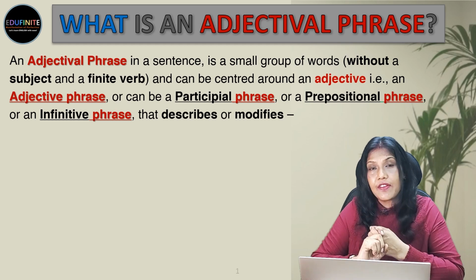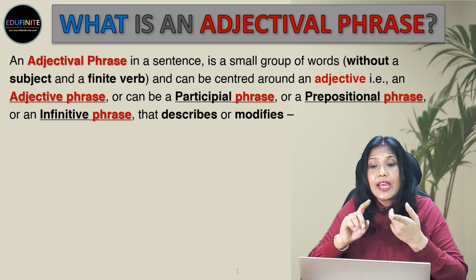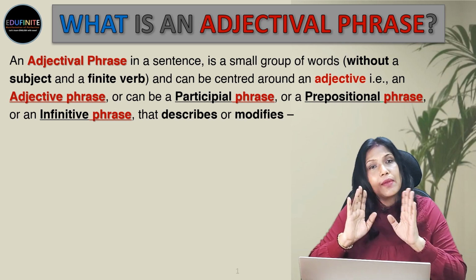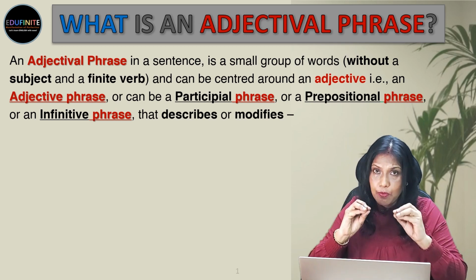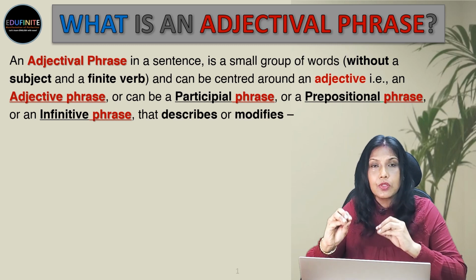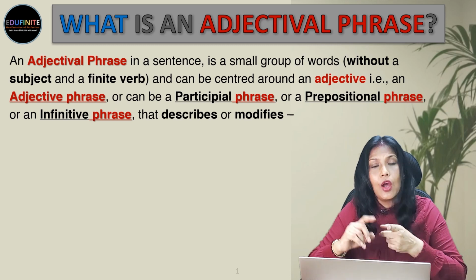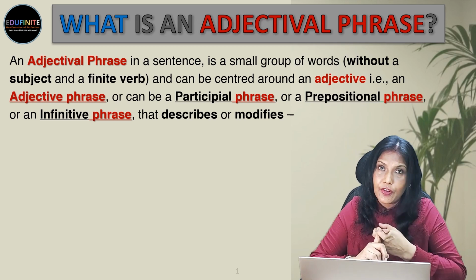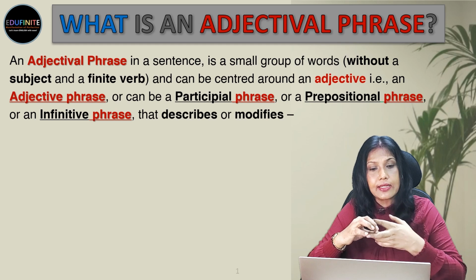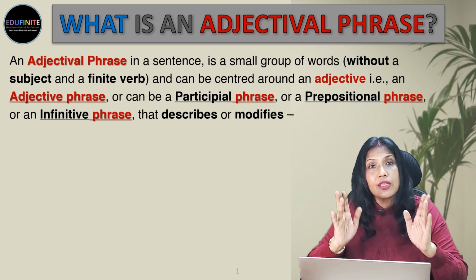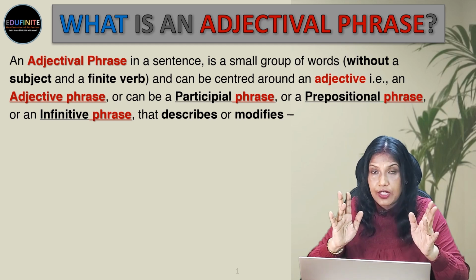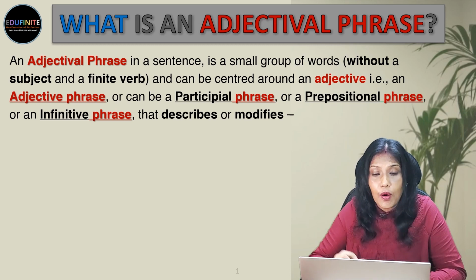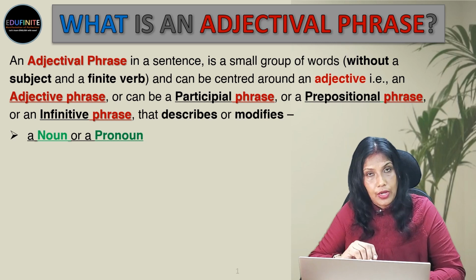The main criterion, because it is a phrase, is that it will not have a subject or a finite verb and can be centered around a head word that is an adjective, so it will be an adjective phrase, or it can be a participial phrase or a prepositional phrase or an infinitive phrase. All these phrases function like an adjective. That means they'll describe or modify a noun or a pronoun in a sentence.